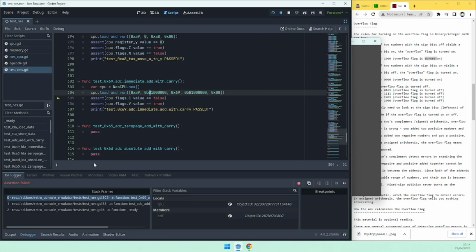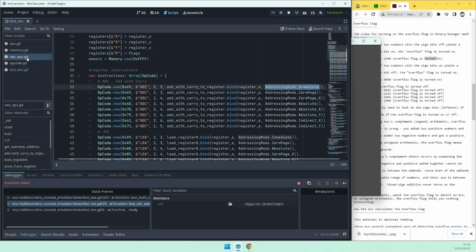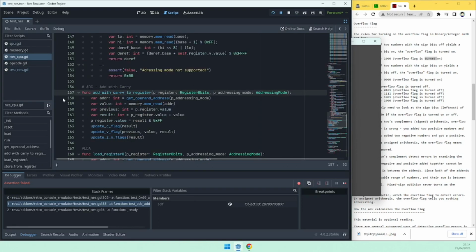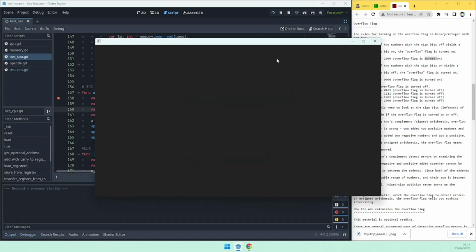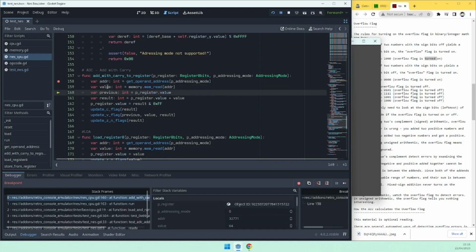Okay, let's execute it, I guess. This is what all is about, right? So, get the address, get the value. Value is 64. What? Oh, I see. Yes.